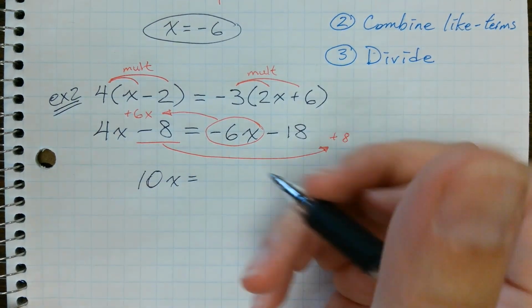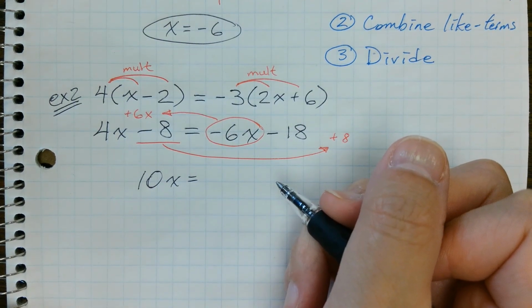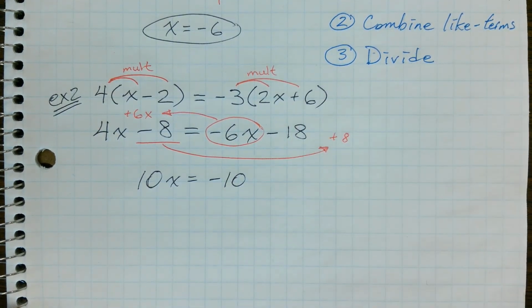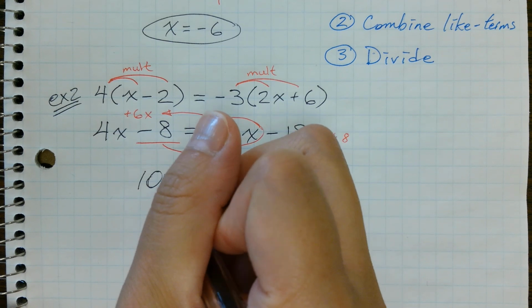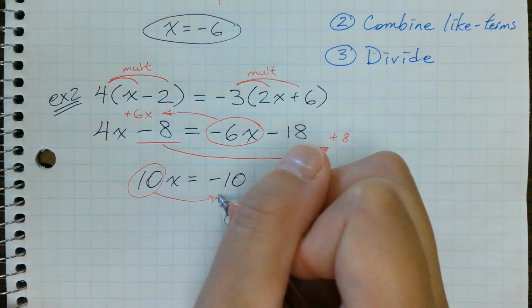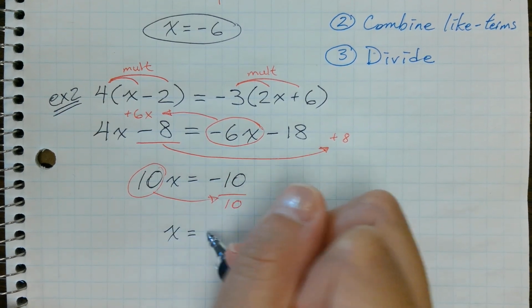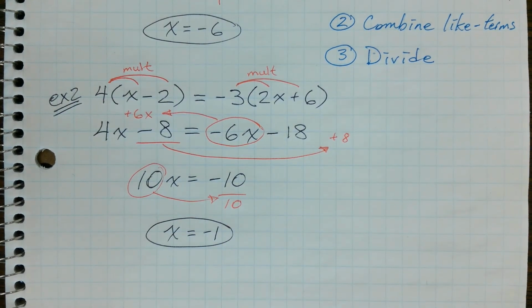Negative 18 plus 8 is negative 10. So we combine like terms. Last step is to divide. So I'm going to divide this by 10. And so x equals negative 1. That's it.